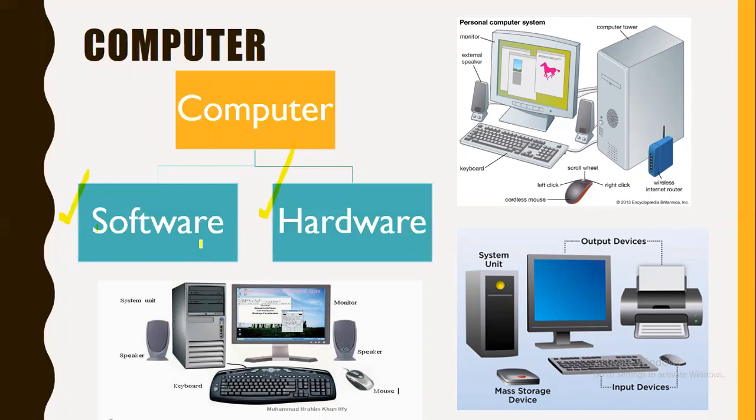Computer hardware comprises two types of devices, input devices and output devices. The keyboard and the mouse are the commonly used input devices. Monitor and printer are the commonly used output devices.